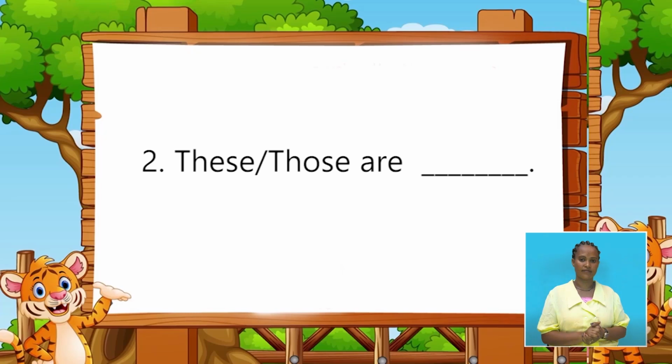And the next point that we are going to discuss is these or those are blank objects language pattern. On the shelf there are objects. Here there are pencils, pens, exercise books and books. Look here, there are 3 pencils.